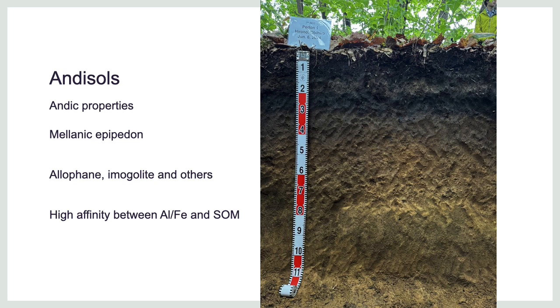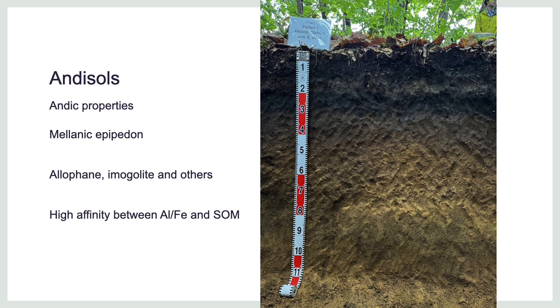So this is the first order where you can see that the classification is connected to the pattern. So to call something an Andisol, you need to find the melanic pattern, and you need to find andic properties. So I don't register one specific diagnostic horizon at the subsurface, but definitely I find andic properties, one of the diagnostic characteristics that are connected to soil taxonomy.